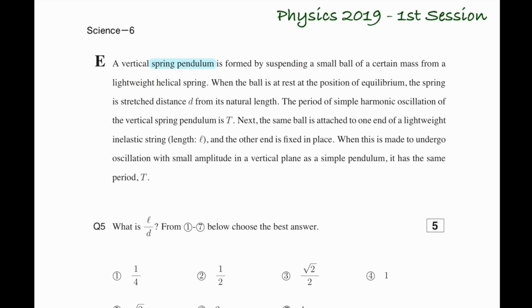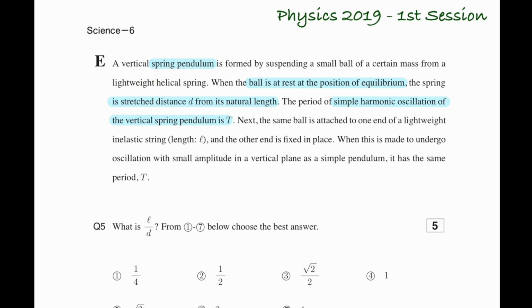When the ball is at rest at the position of equilibrium, the spring is stretched distance d from its natural length. The period of simple harmonic oscillation of the vertical spring pendulum is T.